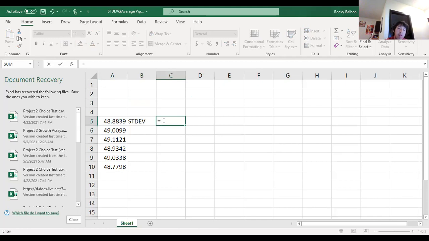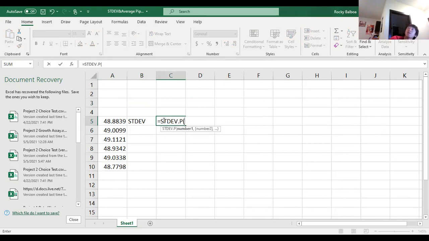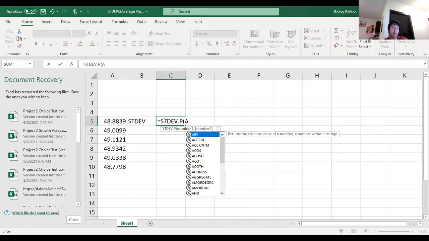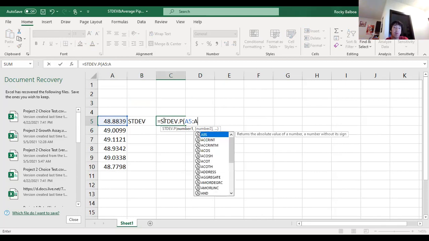Equals stdev.p open parentheses, like we talked about in the volumetric glassware lab. We put our starting cell, so A5, and colon, which selects anything in this range from A5 to A10.